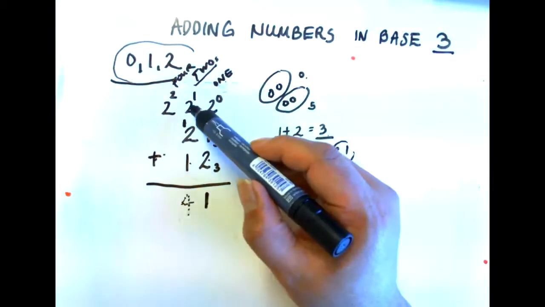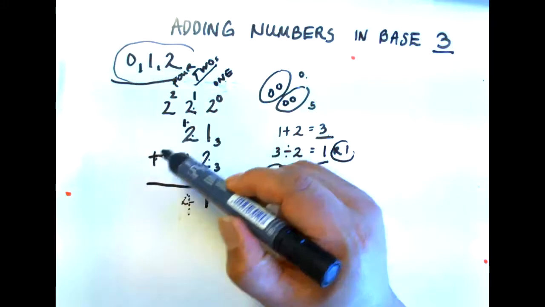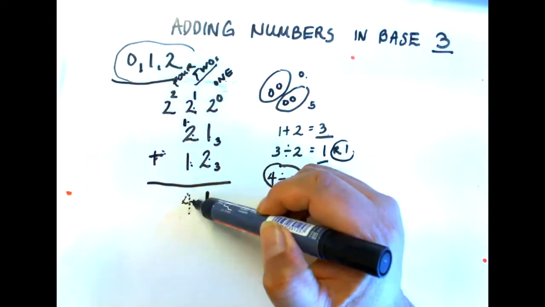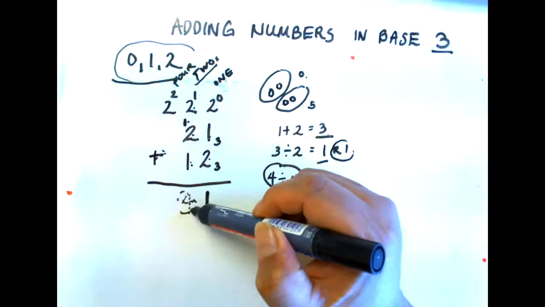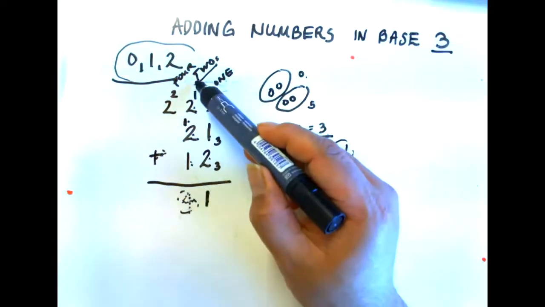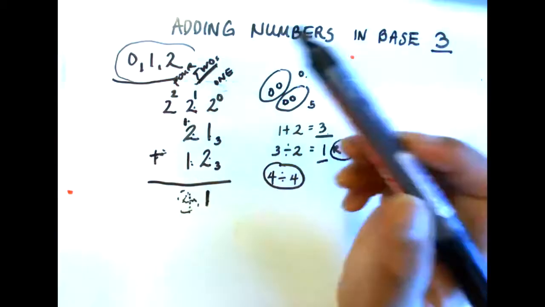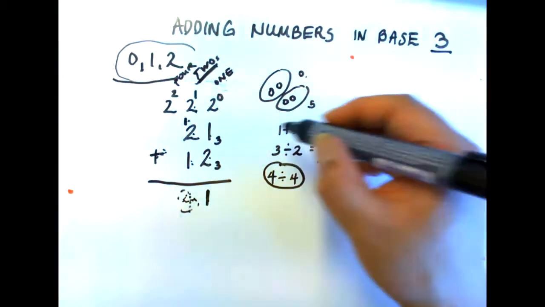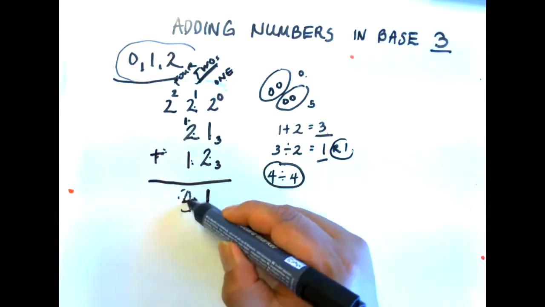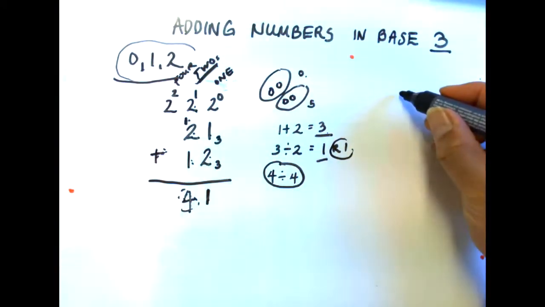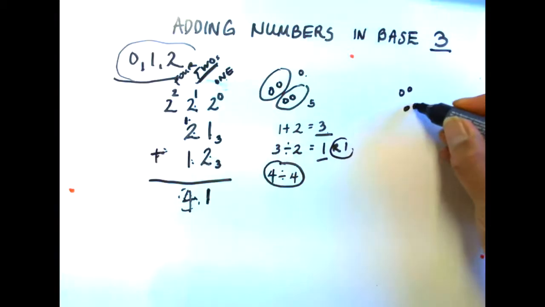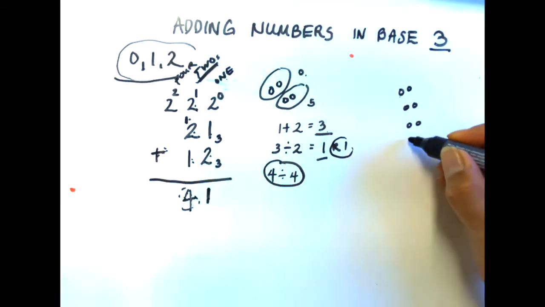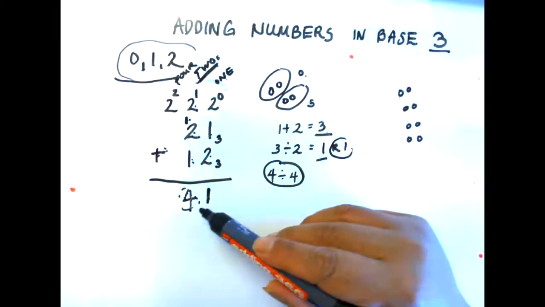Here we have 2 plus 1 plus 2 plus 1 is 4. That means the 4 in here means 4 groups of 2s. This 4 really means, in this drawing, 1, 2, 3, 1, 1, 2, 3, 4. This is what it really means here.